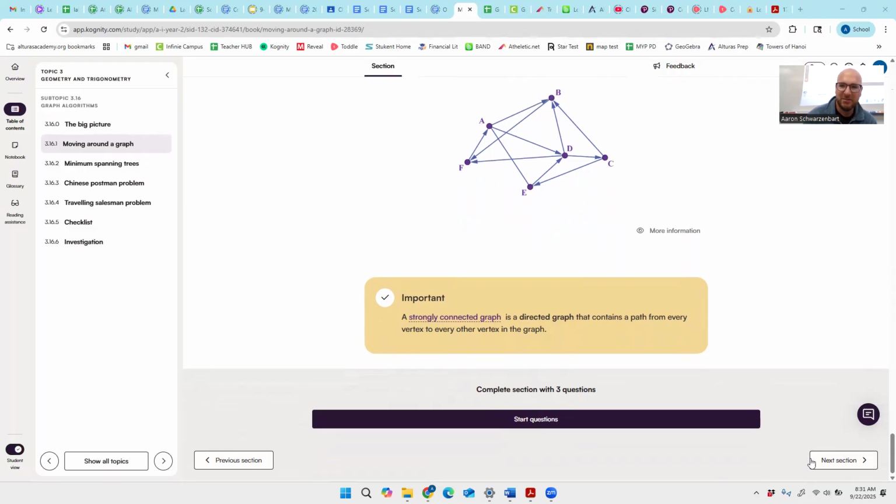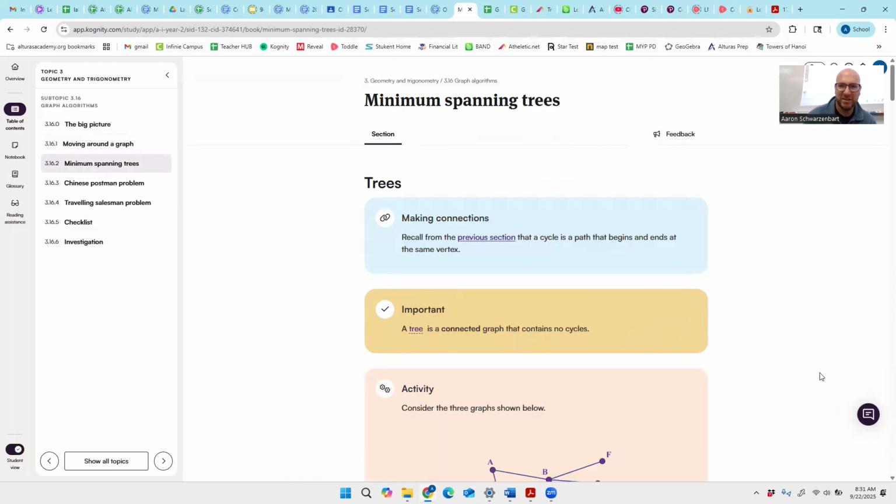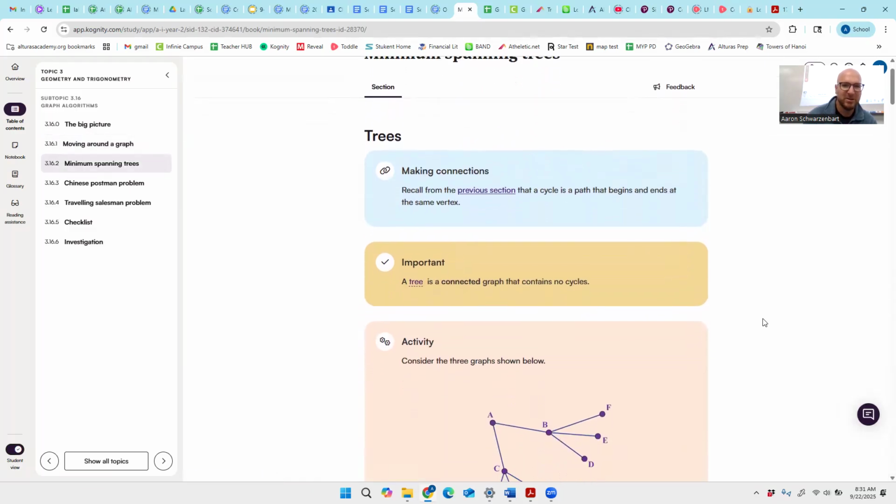Okay. Now we're going to talk about trees and what's known as a minimum spanning tree. Knowing how to create a minimum spanning tree is important for some of the other algorithms.